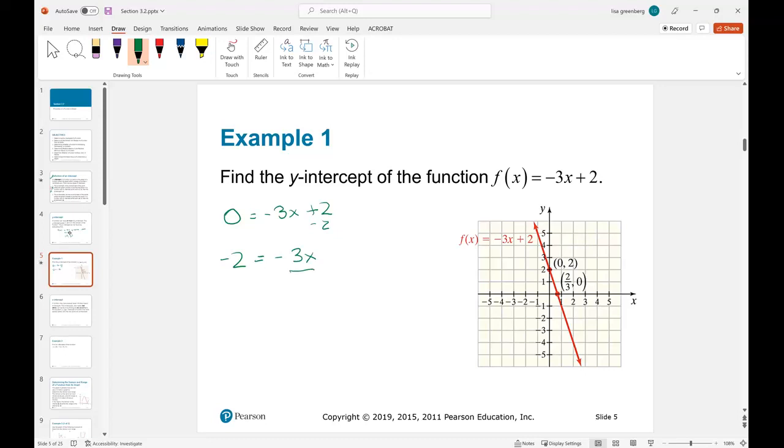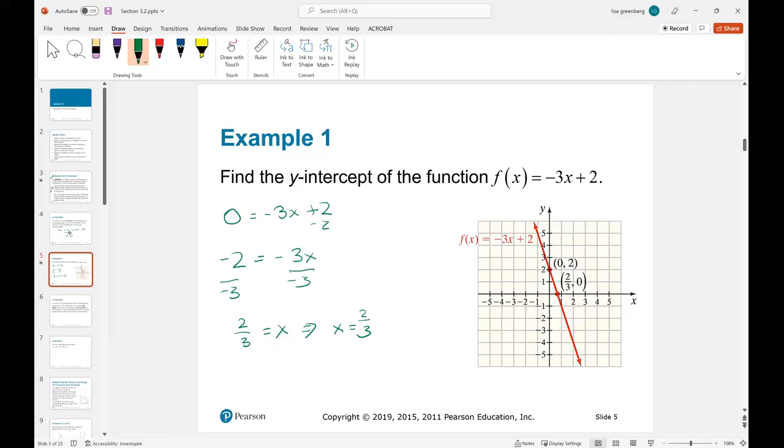And then I divide both sides by negative 3, which gives me 2/3 is equal to x. I like it better as x equals 2/3.